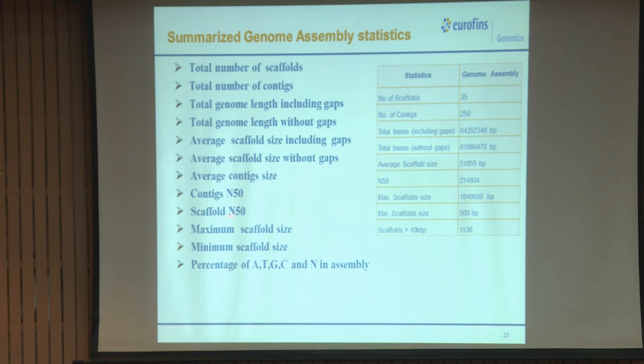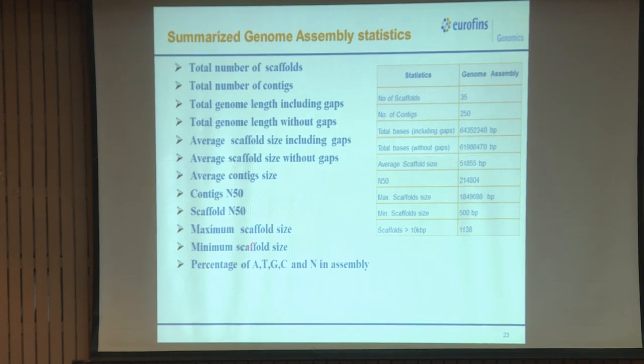Then we have N50. N50 is nothing but a cumulative value. That means 50% of your contigs will be above this size. So, based on this size, we can say whether the assembly is good or not. You can see here 241 kb is the size. That means a comfortable assembly to be published.